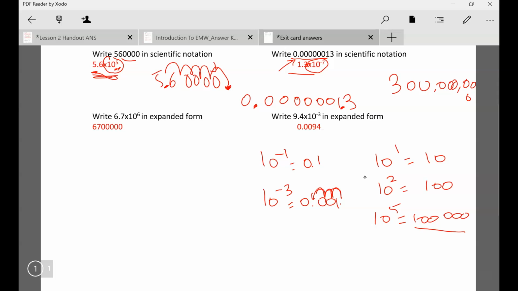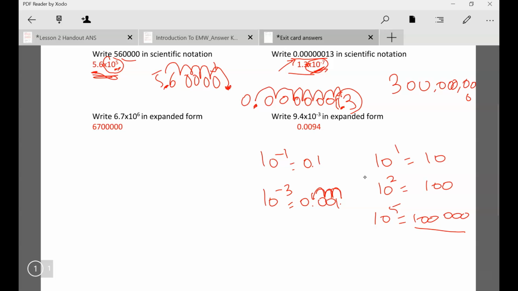We figure out how many places we moved it: 1, 2, 3, 4, 5, 6, 7. We moved it 7 places, and this is a very, very small number, so we're going to write negative 7. Technically, if it was 1.3, we would have to move the decimal 7 places to the left to get this number, so we add negative 7.